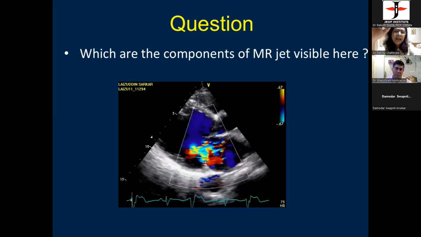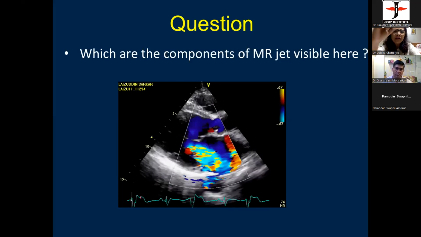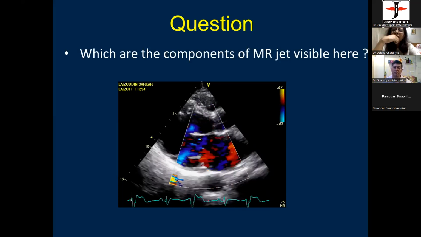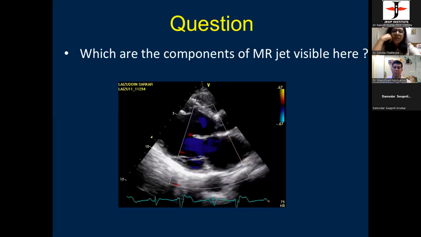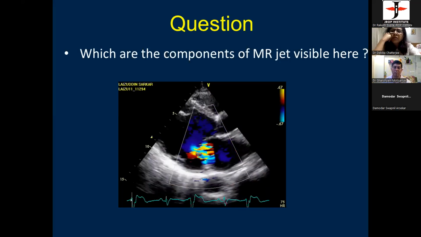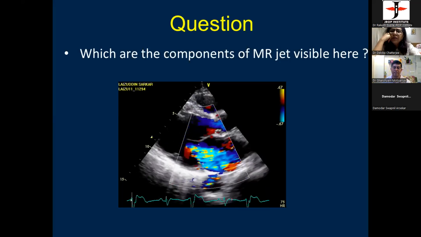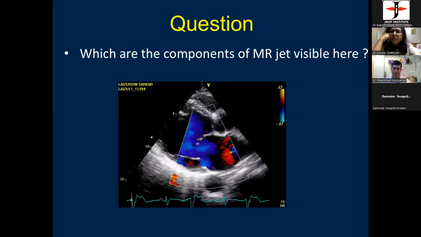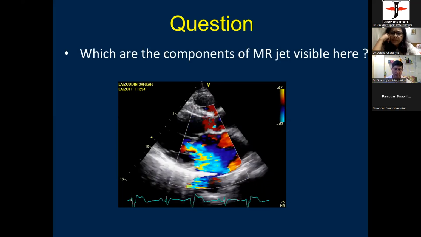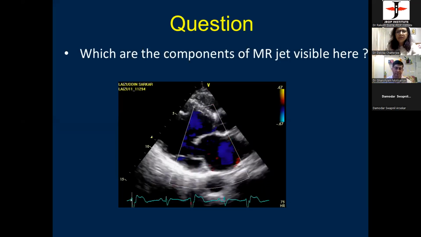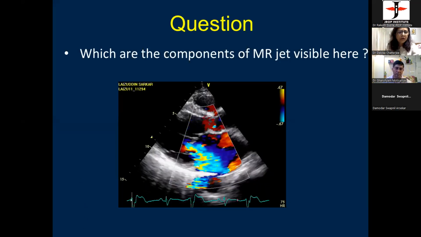Is it in the LA or in the LV? LV. Okay, flow convergence. Then in between the leaflet is the vena contracta, the neck. And then the third is regurgitant volume, which is in the LA. Okay, jet area. These are the 3 components. Good. Excellent. Very good.